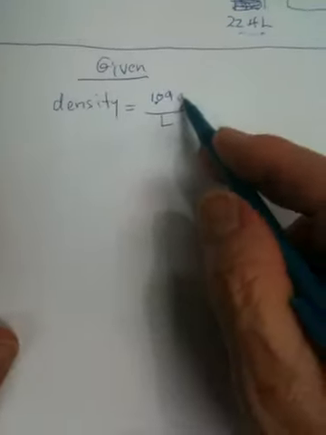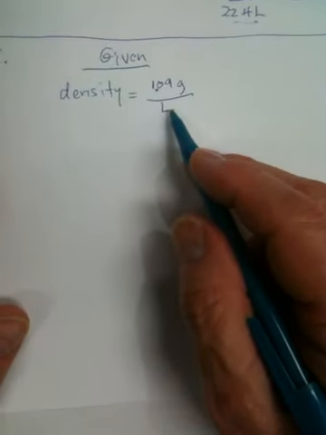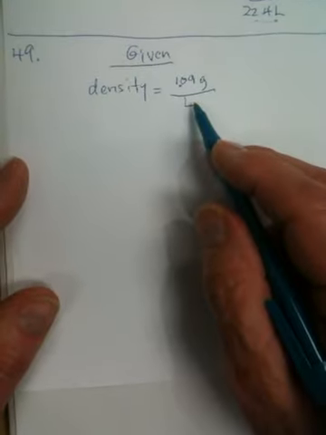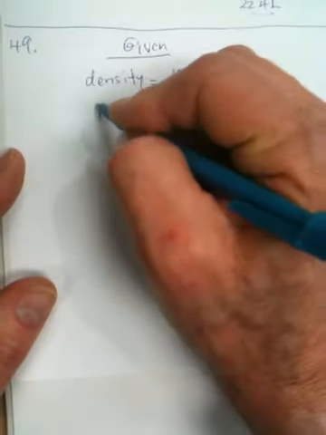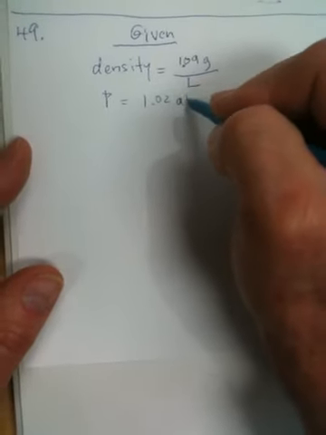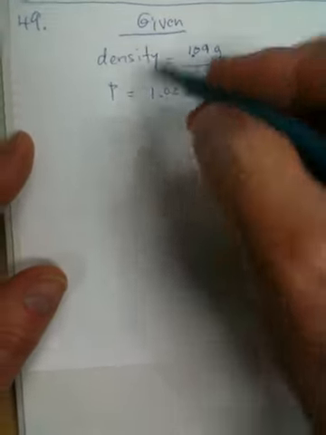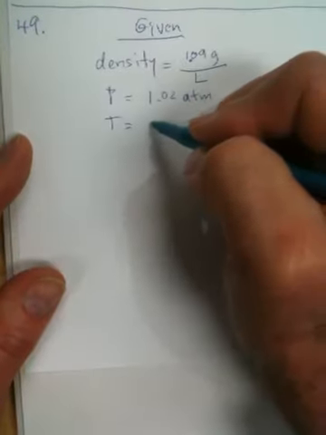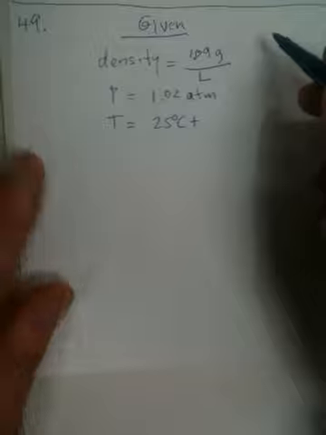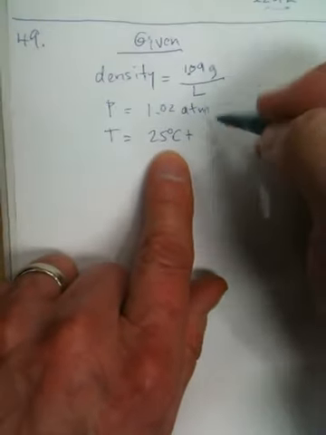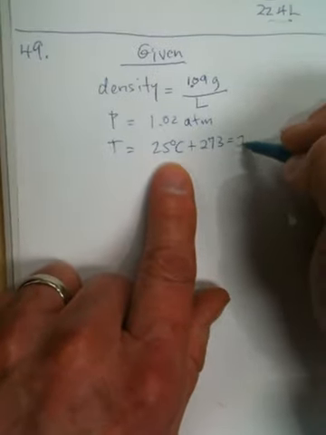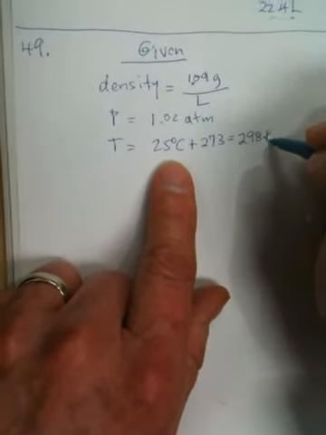Now, always put in your units of measure, especially in this gas law stuff. You will get totally lost if you don't have those units of measure in there. So, pressure in this problem is equal to 1.02 atmospheres, and you can see that in the book. Our temperature is equal to 25 degrees centigrade, and whenever we see temperature in centigrade, we always want to get it straight into Kelvin. So we add our 273, and that gives us 298 Kelvin.